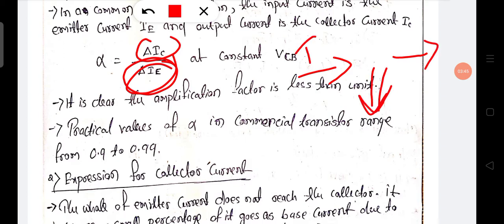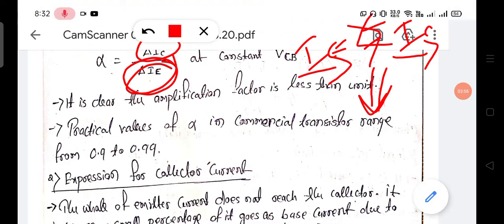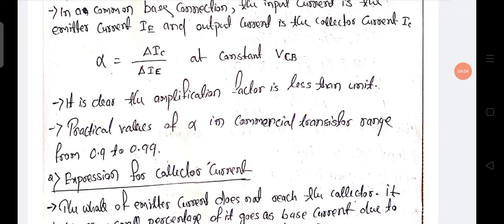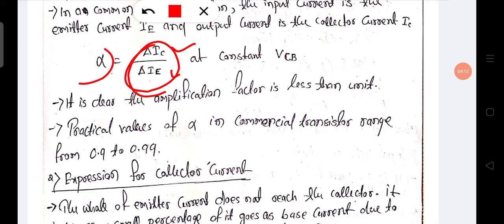So IE is generally greater than IC, and therefore alpha is always less than 1.